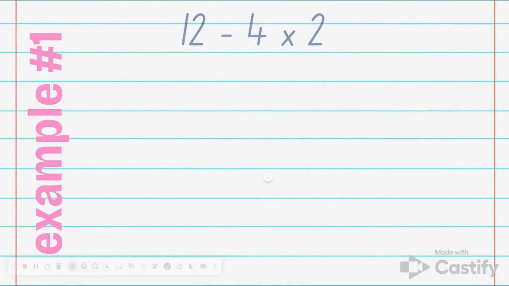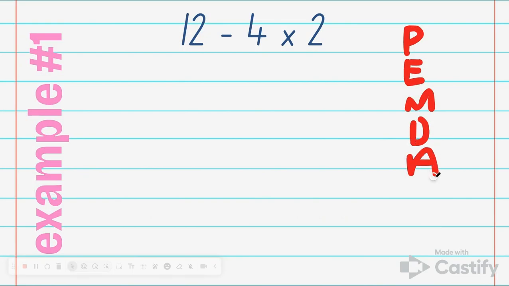Now we're going to do 3 examples with me, so I want you guys to make sure we're writing this down and taking our notes so that we can go back and look. And like I said, we're going to write our PEMDAS down. As I'm doing this, make sure we are writing our equation on our paper.